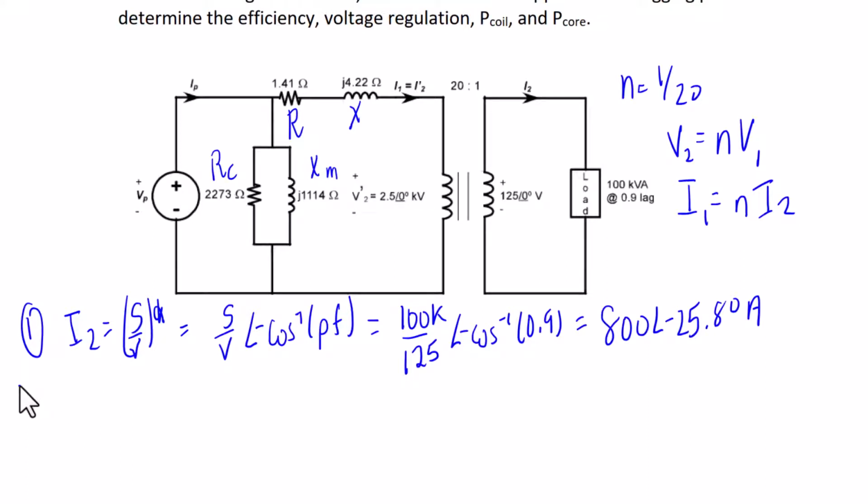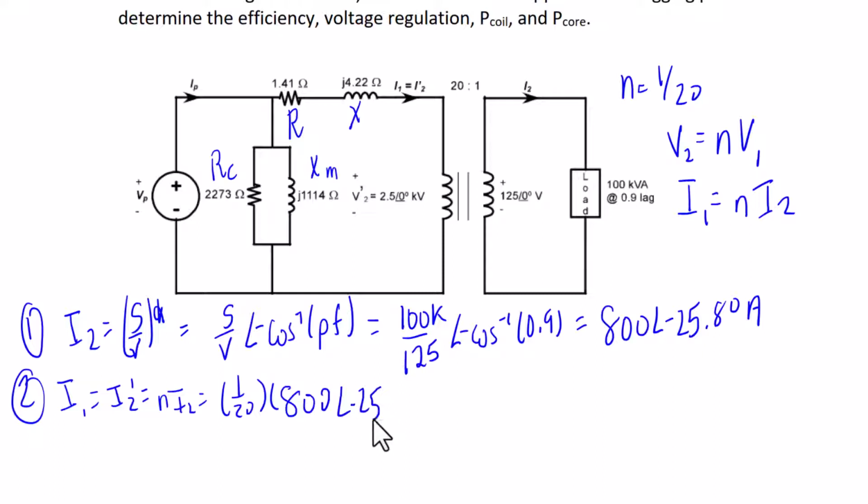Step 2 is to find I1. I1 is equal to I2 prime, or I2 reflected to the primary side, which is the same as N times I2. So that would be 1 over 20 times 800 with an angle of negative 25.8 degrees, which equals 40 with an angle of negative 25.8 degrees. And then step 3 is to find VP.